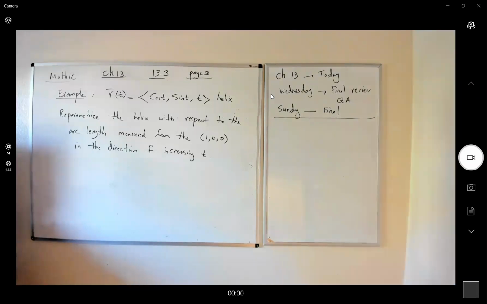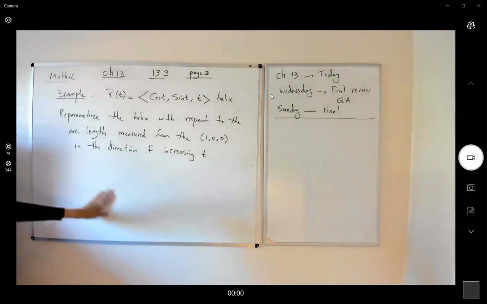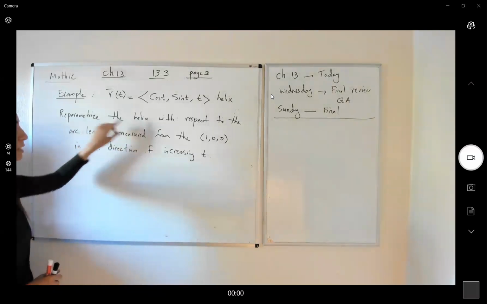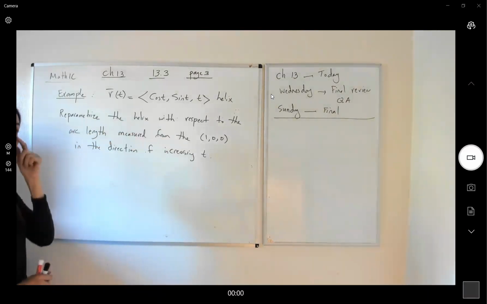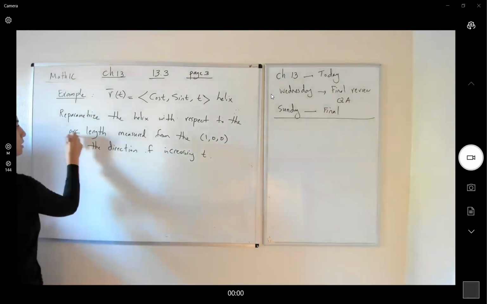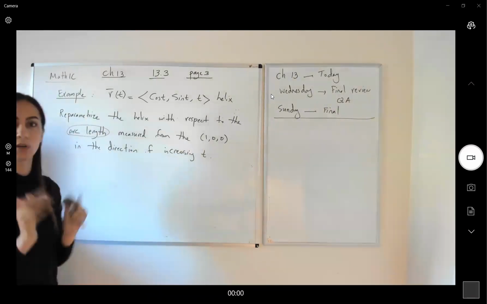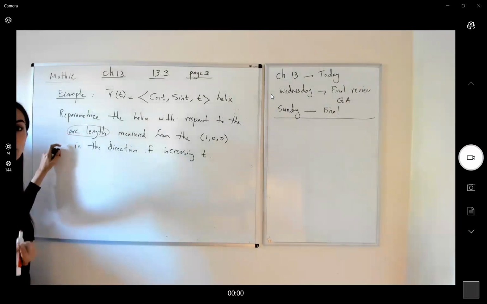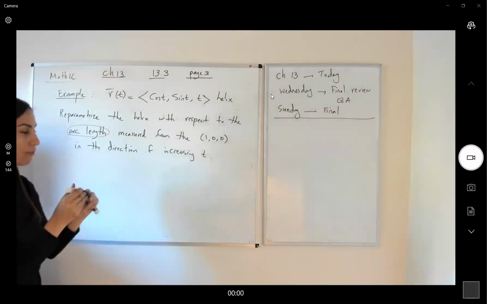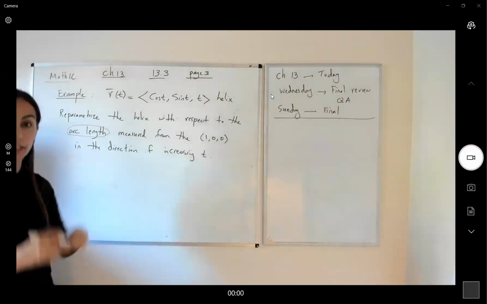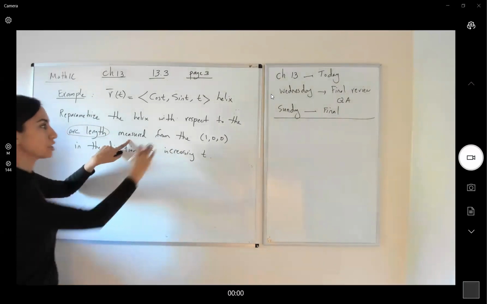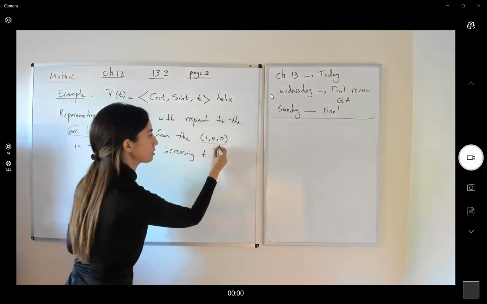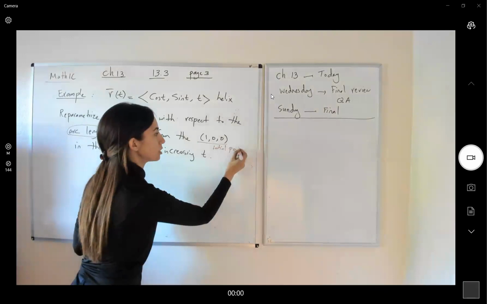There you go. So we want to reparameterize the helix with respect to arc length. We just learned how to find the length of an arc. What else is given? Measured from the initial point. Initial point is also given.